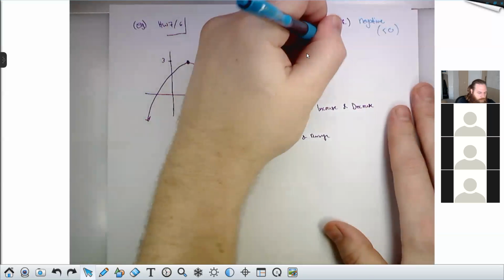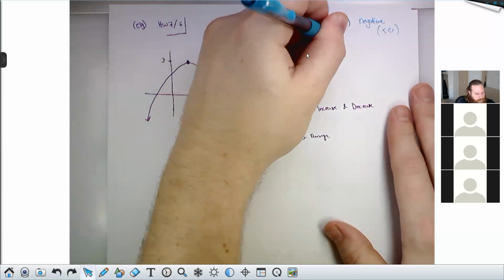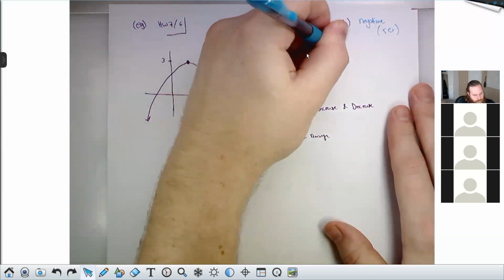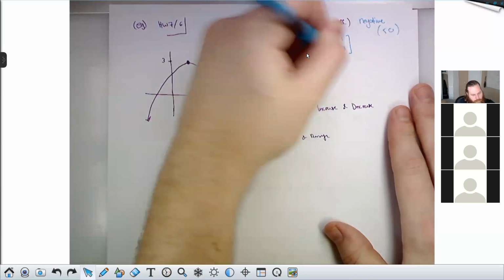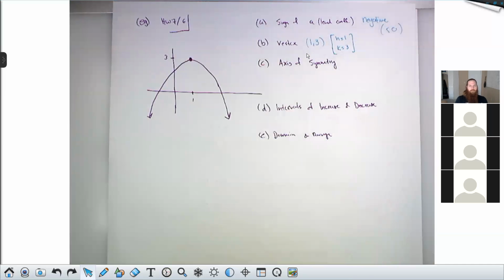In other words, h is 1, and k is equal to 3. Right, this point right here is the ordered pair 1, 3. And remember, the x value of the vertex, we always call that h. The y value of the vertex, we always call that k.